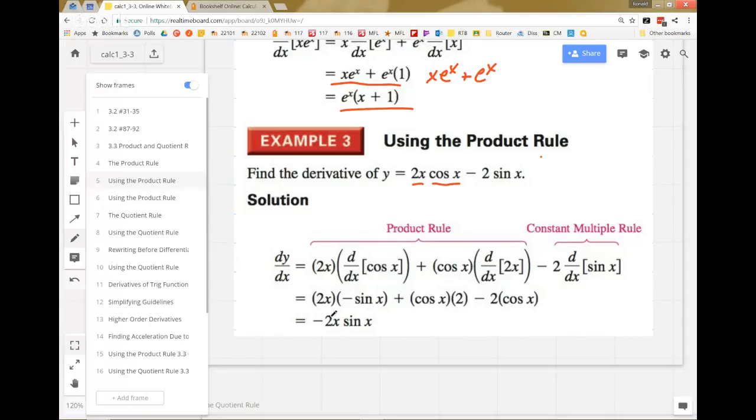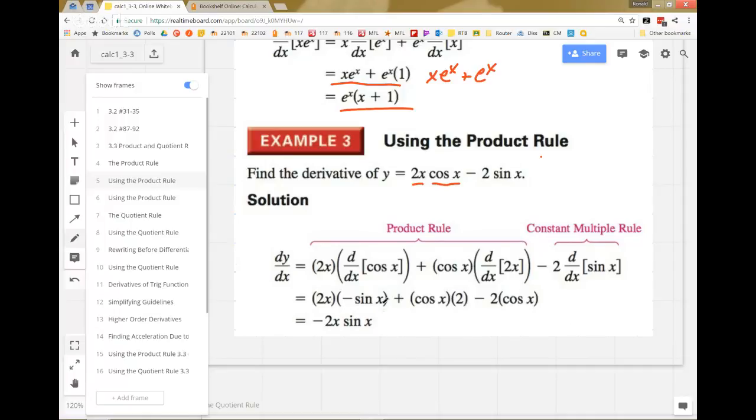So, finishing the product rule: 2x times the derivative of the cosine. The cosine derivative is minus the sine x, plus the second, cosine x, times the derivative of 2x, which is 2. All right, and then let's do this last one. Minus 2, derivative of the sine is the cosine.